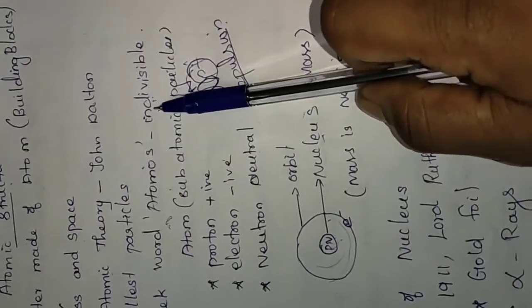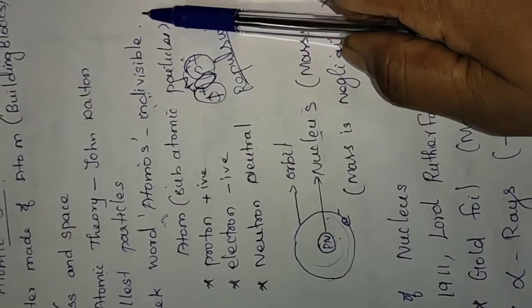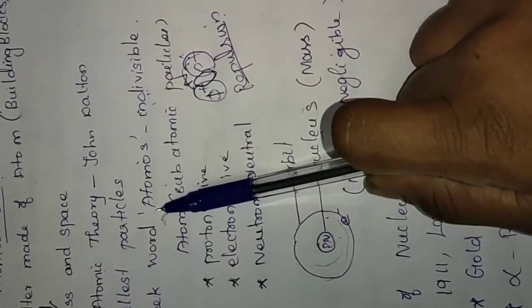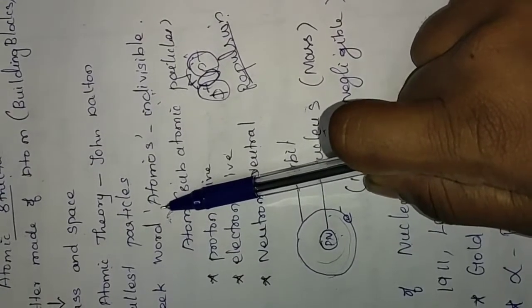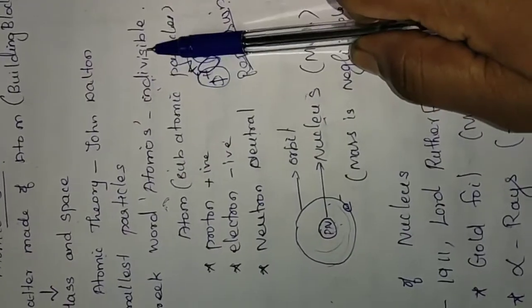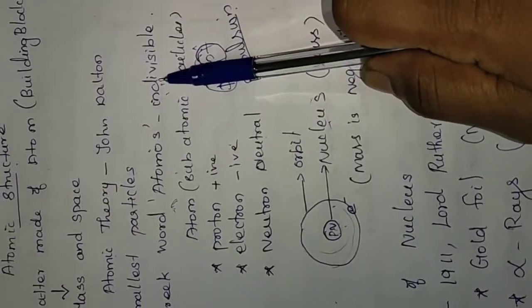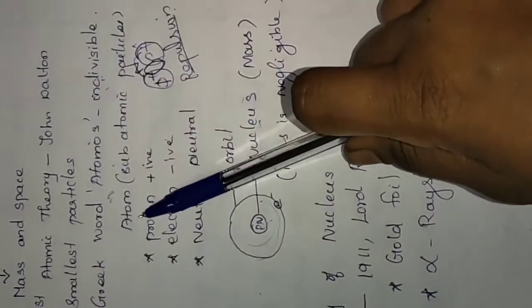But later on it was found that atoms are divisible in modern atomic theory. So most of the postulates given by John Dalton were later found to be wrong. Among that, this is also one. He said that atoms are indivisible, but later it was found that atoms are divisible. And what are the components present in the atom?